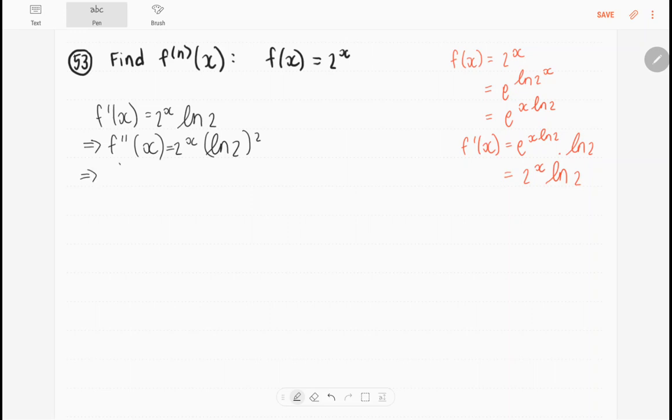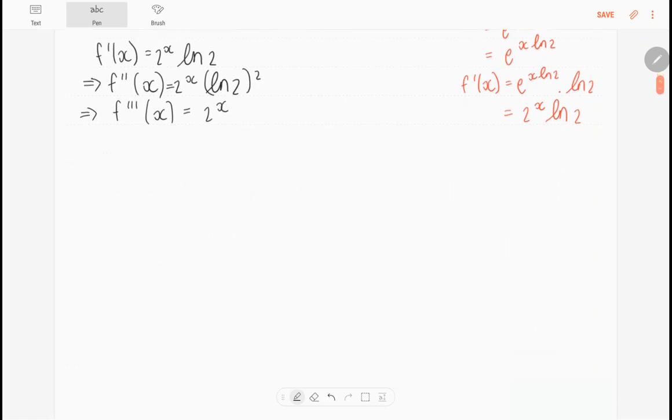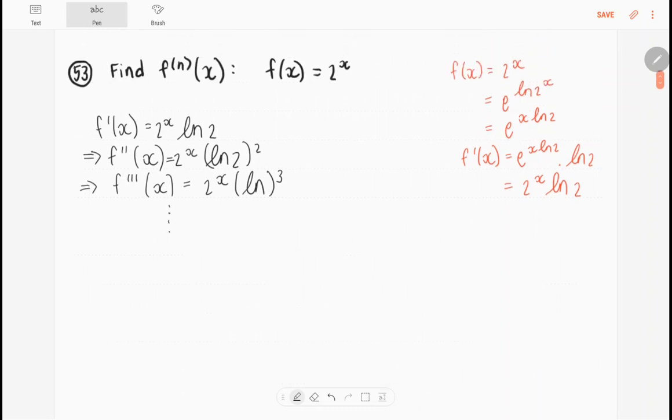Our third derivative, 2 to the x times ln 2 cubed, etc. And they asked us for the nth derivative, so that simply means that the nth derivative is going to be 2 to the x times, sorry I forgot the 2 there, ln of 2 to the n.